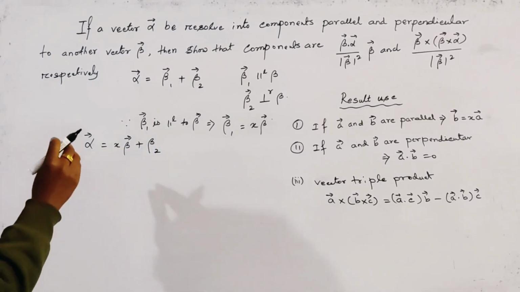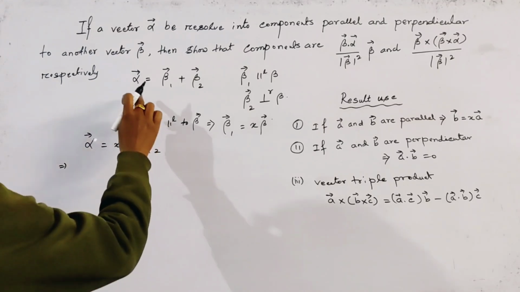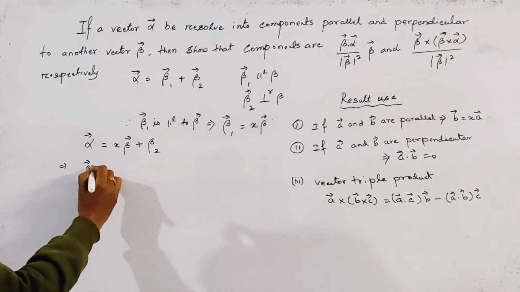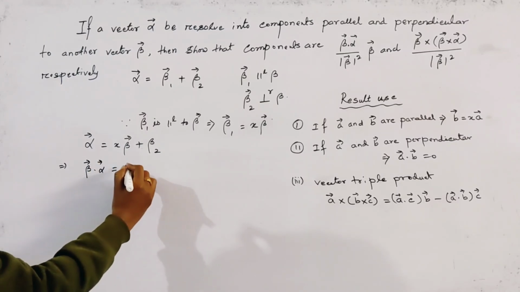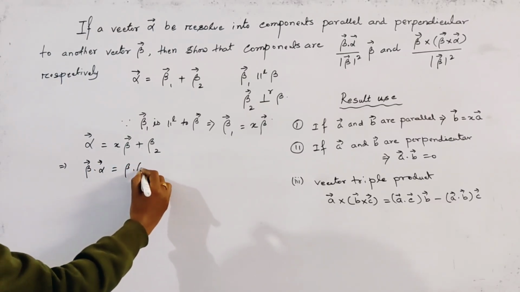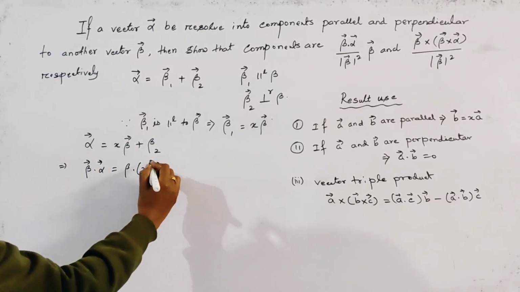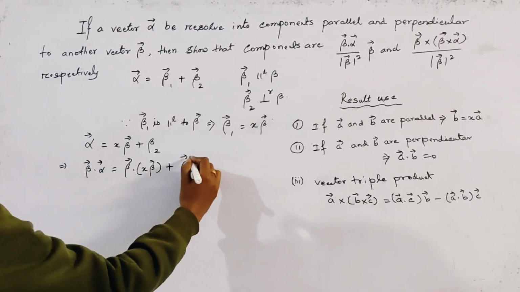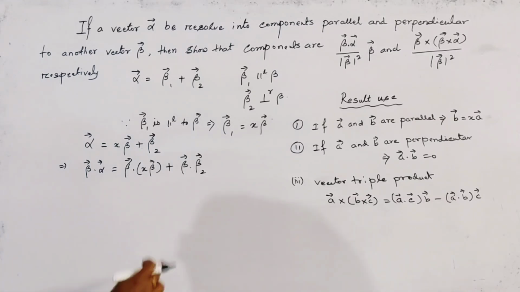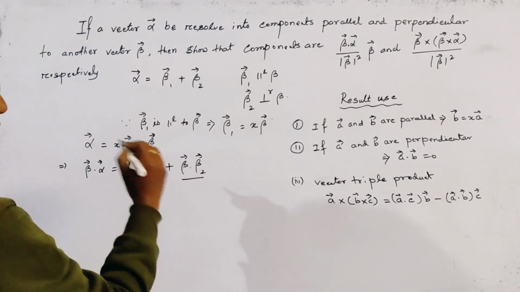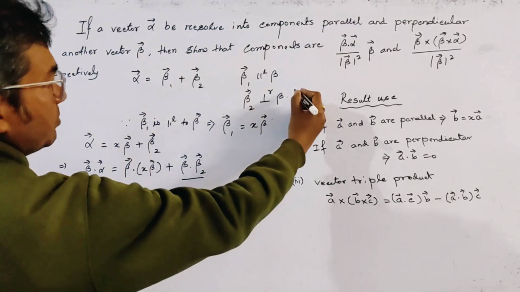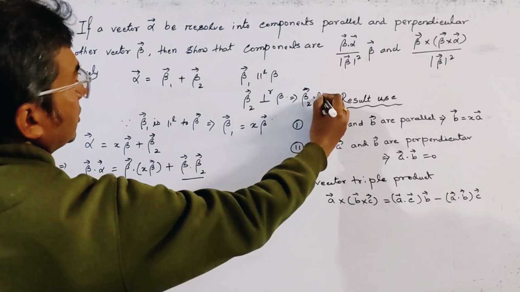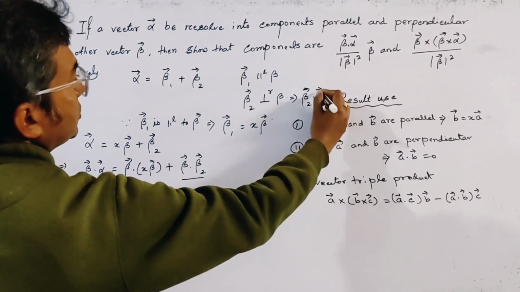Now taking the dot product with beta, we get beta dot alpha equals beta dot x beta, plus beta dot beta 2. Here beta dot beta 2 is equal to 0, because beta 2 and beta are perpendicular, so beta 2 dot beta is equal to 0.